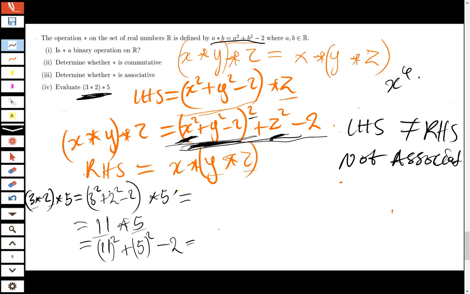And then when you subtract 2 there, you get 144. So the answer is simply 144. So you first have to deal with what is in the brackets. You first deal with 3 and 2, then you come and put 5 at the end.